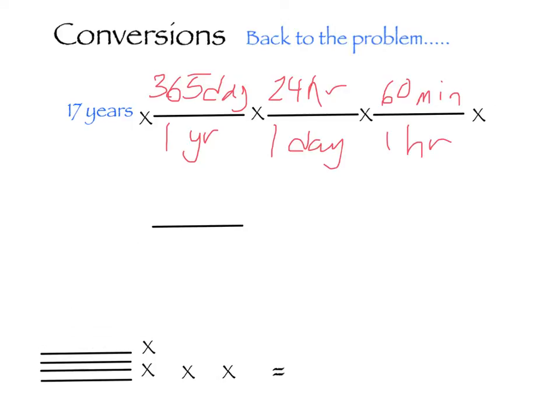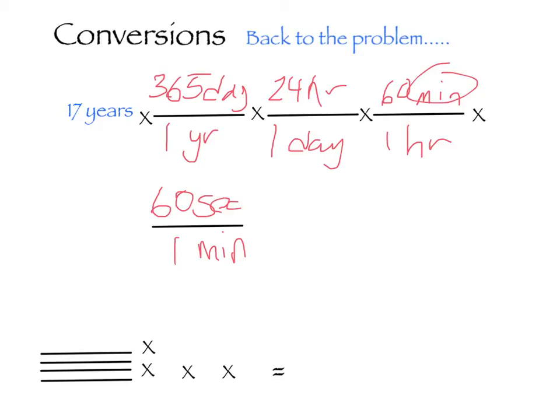Now I have minutes on the top of this last fraction up here, so I'm going to put minutes on the bottom, and we know that every 1 minute has 60 seconds.